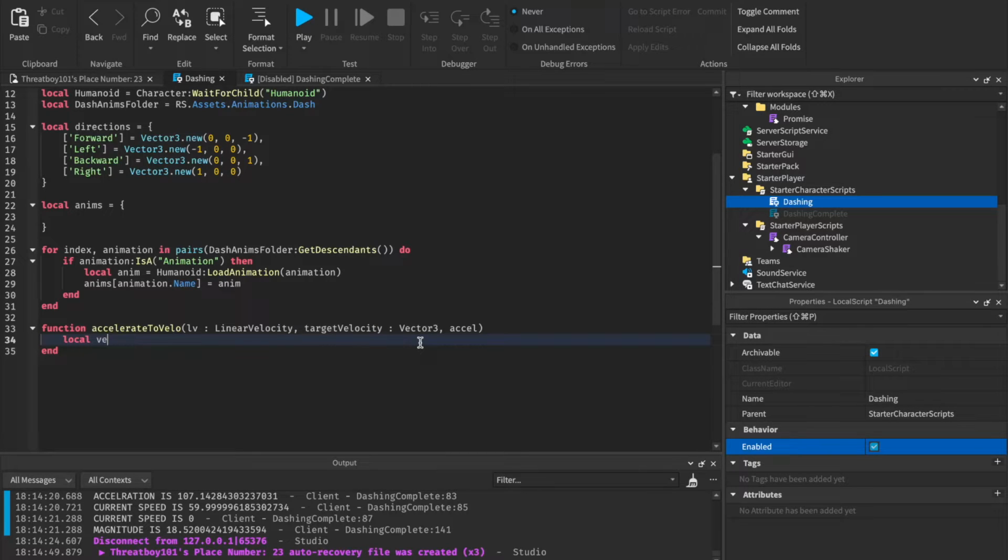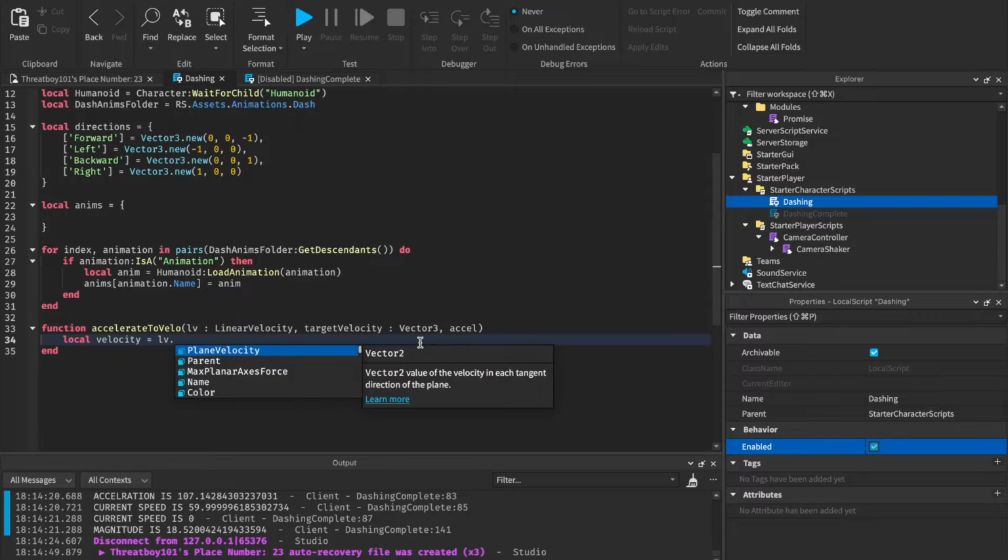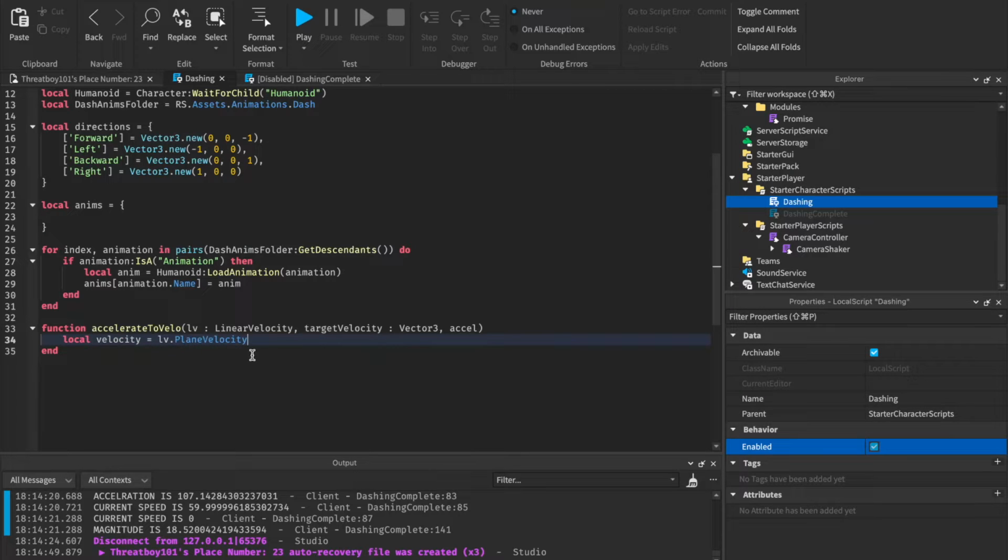We're going to create a velocity variable. This will be our current plane velocity. And if you're not familiar with linear velocity, plane velocity is basically a property that allows us to apply velocity only within a certain plane.